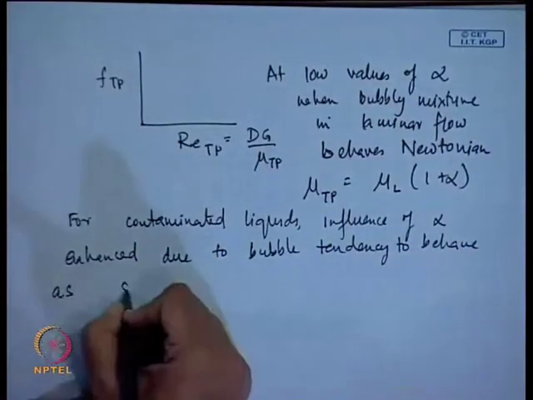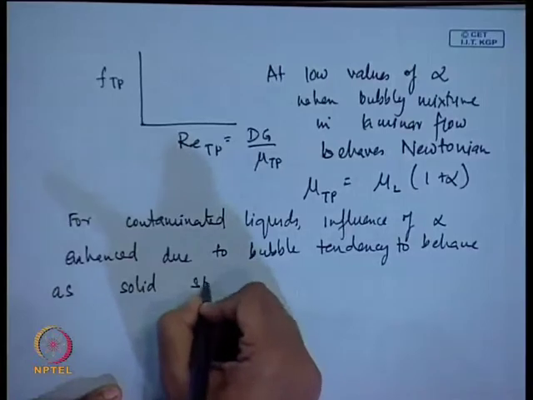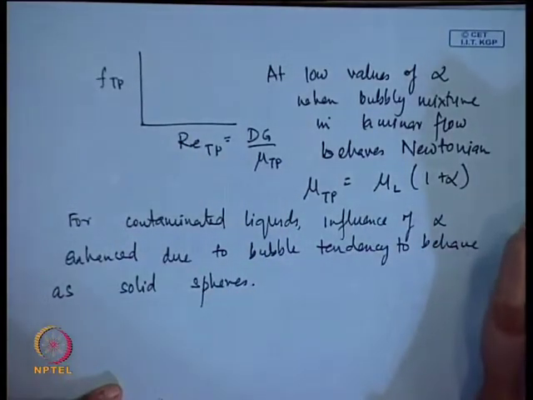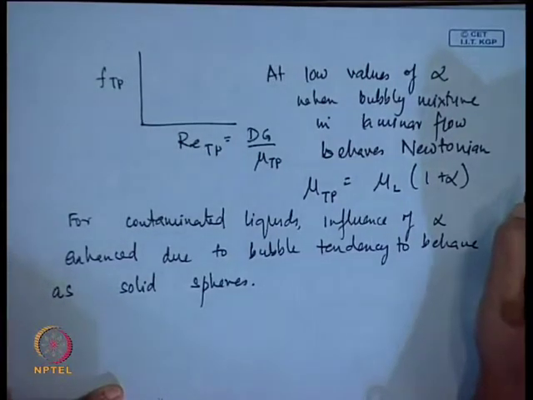Why does it happen? It happens because whenever there is some contamination, the contaminants tend to deposit on the interface between the gas and the liquid. Interface is nothing but the bubble surface. So, therefore, once the bubble surface becomes contaminated, it starts behaving as solid spheres.